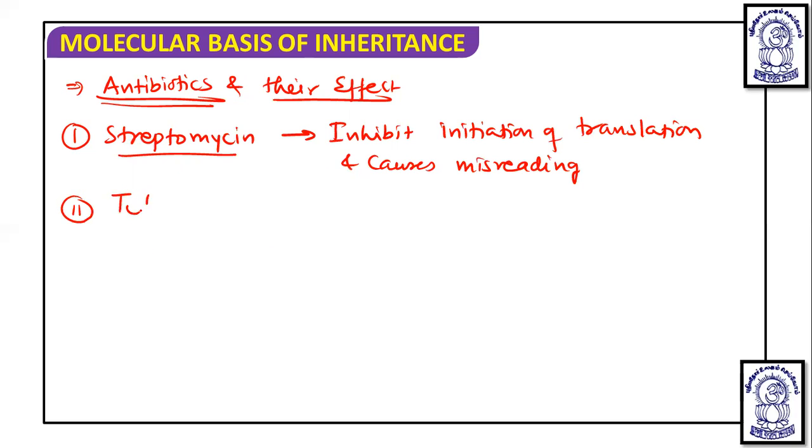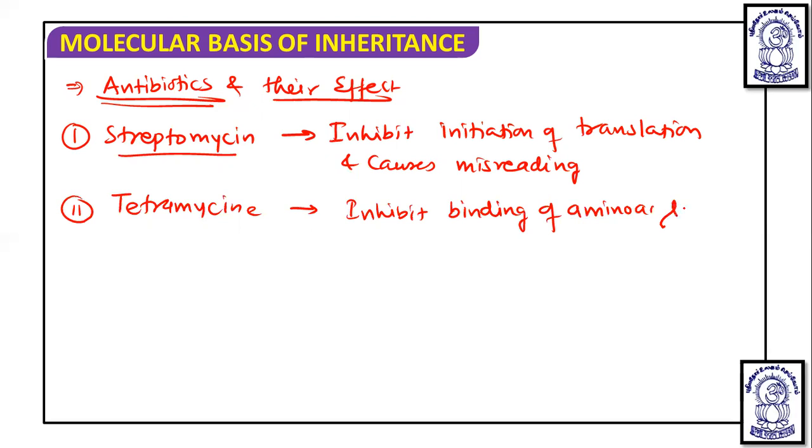Second is tetracycline, and it is known that it inhibits binding of aminoacyl tRNA to the ribosome. In such a way, it inhibits translation. Third is chloramphenicol.